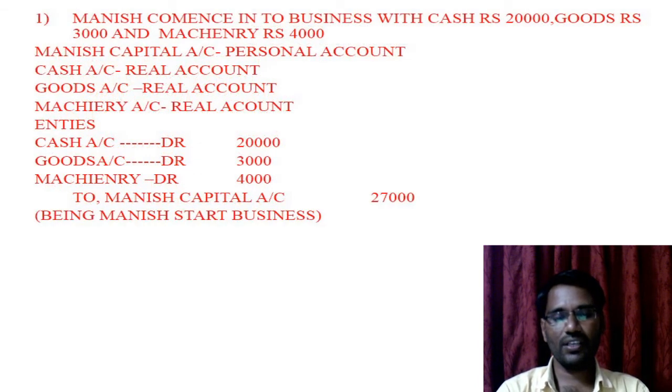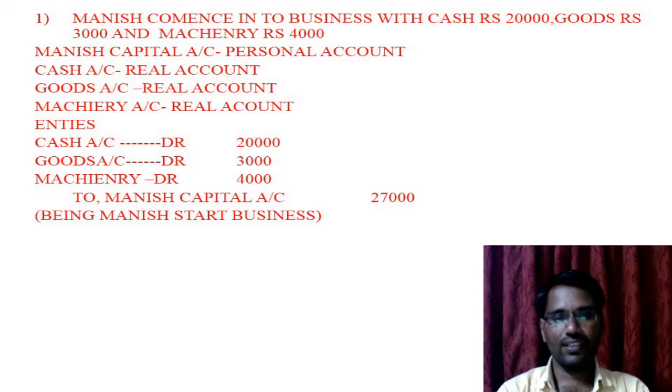So first of all we take the first transaction. The first transaction is Manish comes into business with cash rupees 20,000, goods rupees 3,000 and machinery rupees 4,000. So who starts the business? Manish starts the business. So Manish is one of the accounts.